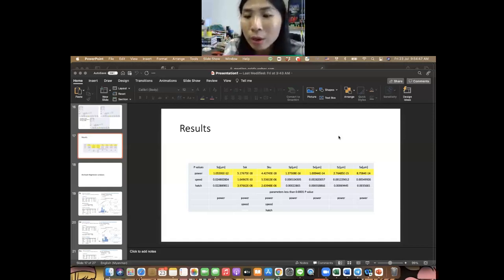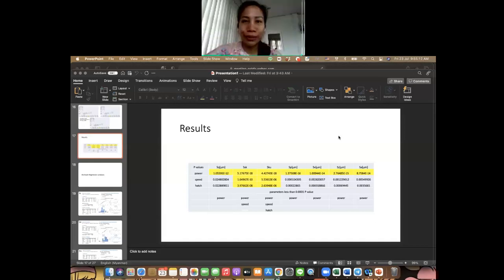But I think better designs can help give a better result in that case. From this data, I'm not sure, even if you fit a quadratic term or a power of 3 term, that you're going to get a pretty good optimal value for these power, speed, and hatch. But you can later do another design and try to find the optimal one.